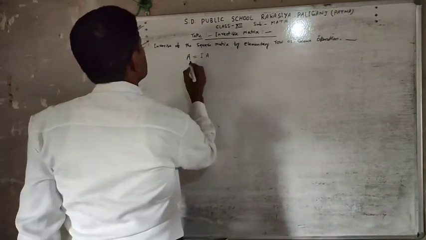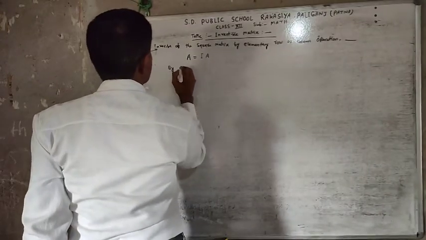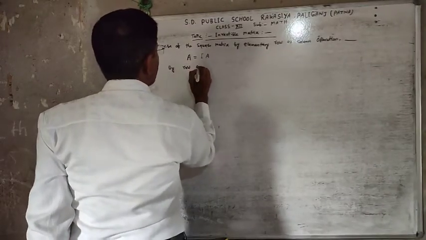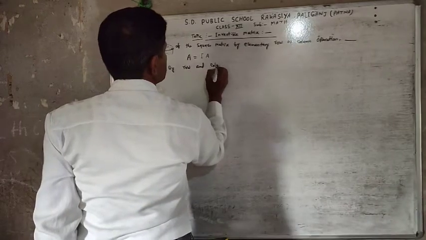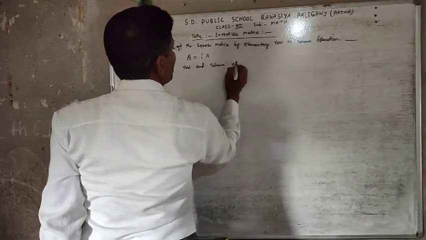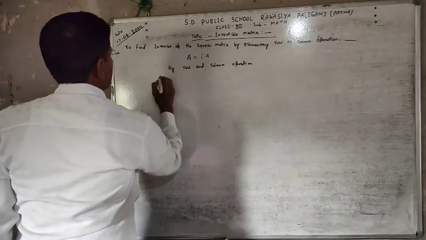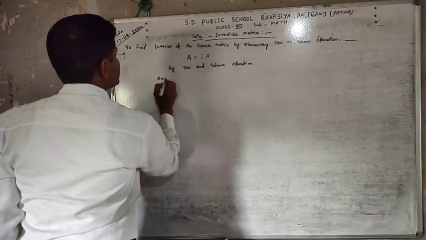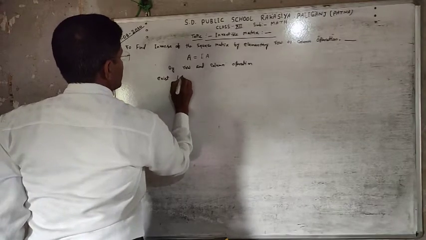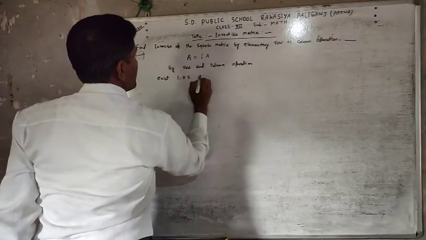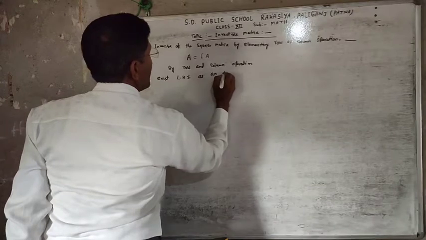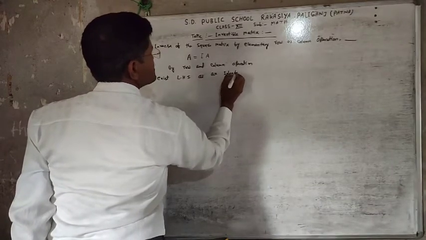And hence, by row and column operations, we get the LHS as an identity matrix.